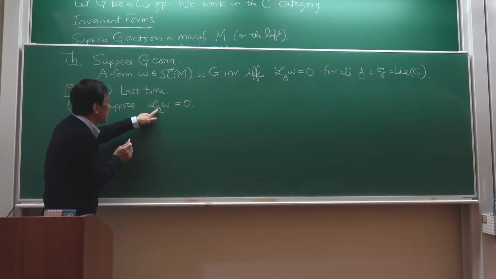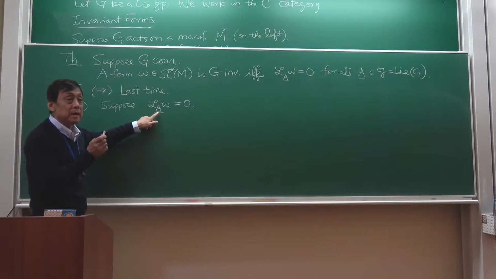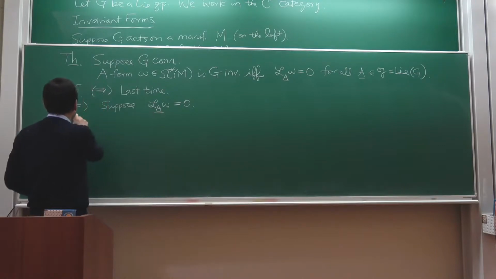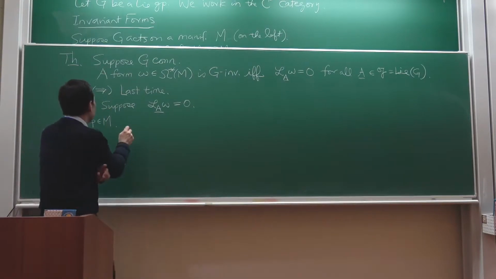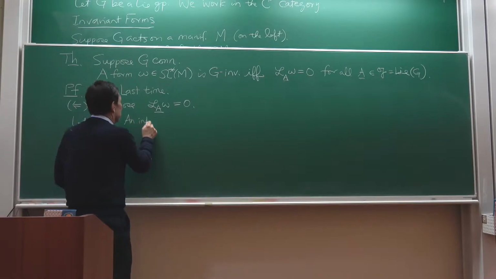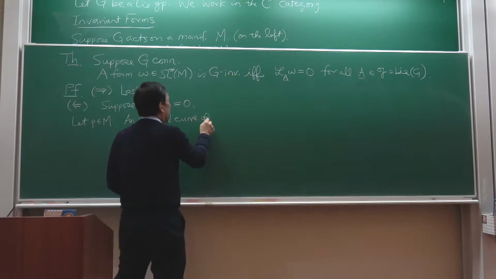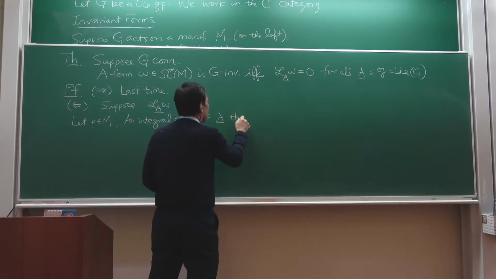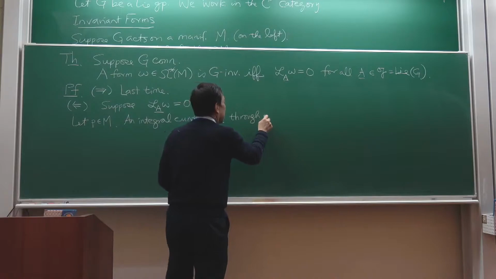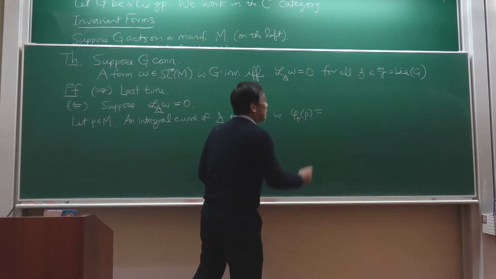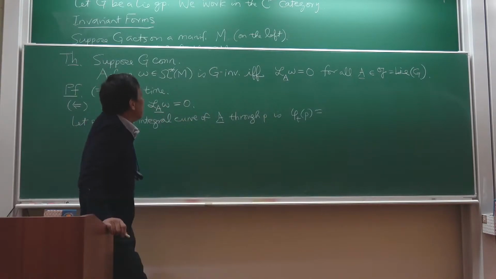Now, to calculate the Lie derivative, you need the integral curve of the vector field. So let P be a point in N. Okay? And we know that an integral curve of A bar through P is phi_t of P is equal to... Okay, now do you remember that?